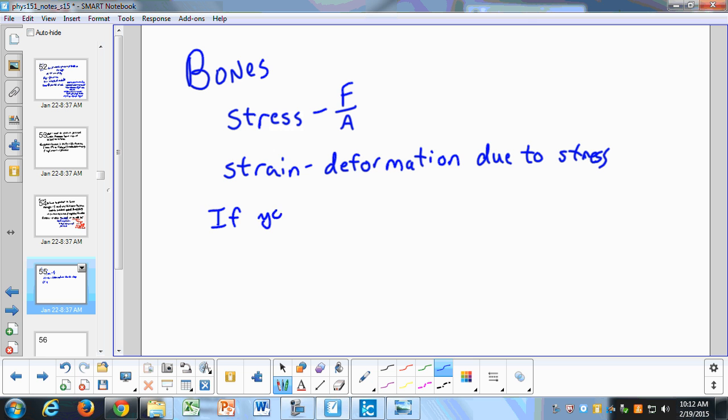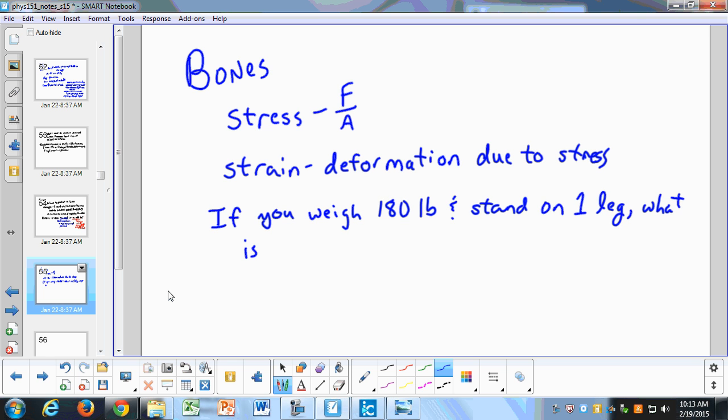If you weigh 180 pounds and stand on one leg, what is the pressure on your knee joint? Or what is the stress? Stress and pressure are the same, except normally with pressure we're talking about fluids, but when we talk about them with solids, then we usually call it stress. So what is the stress on your knee joint?